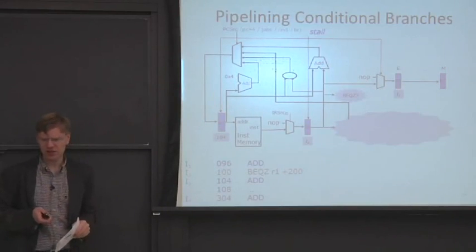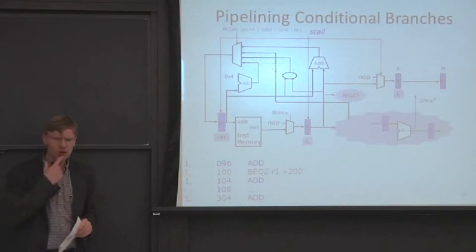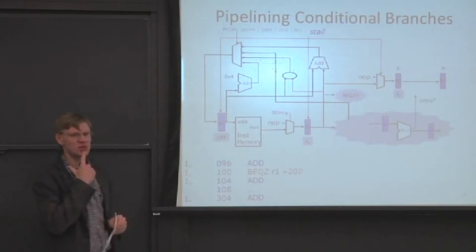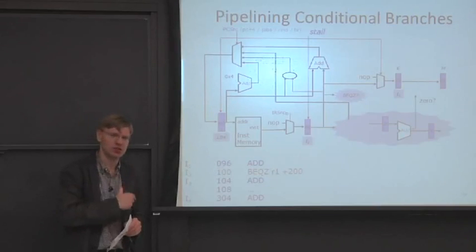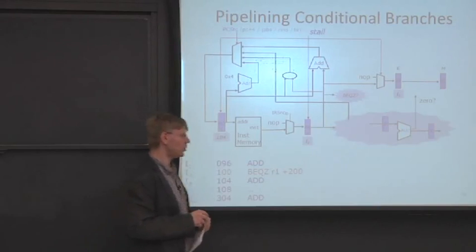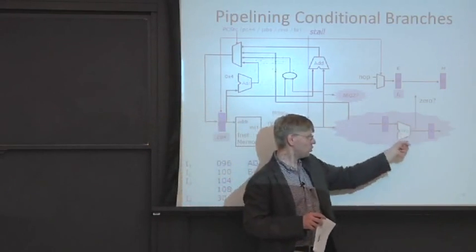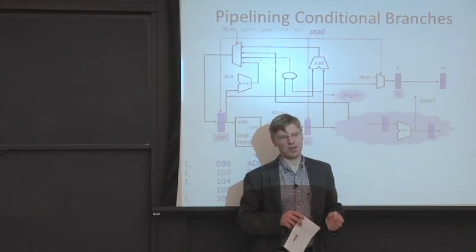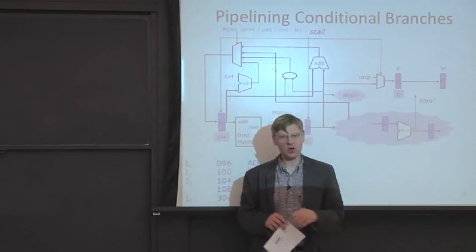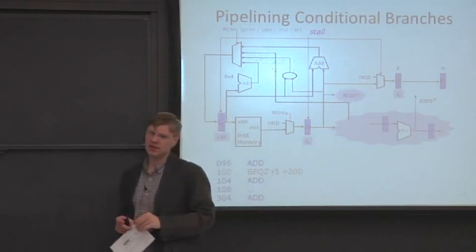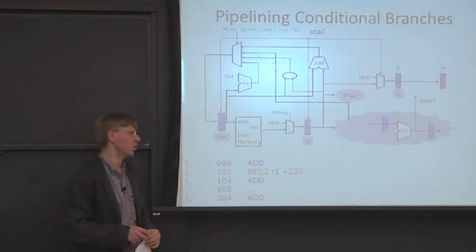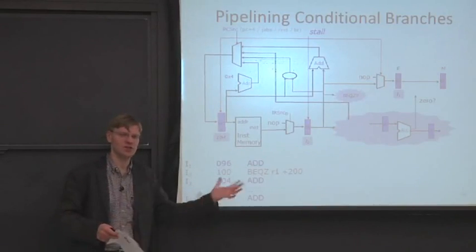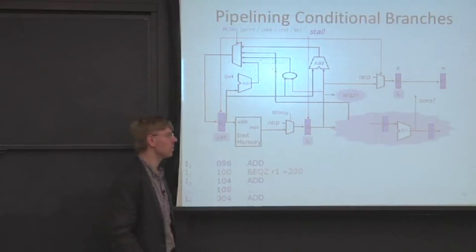The next question, though, is how do we compute whether this branch is being taken or not? Can we do this in the decode stage? Unfortunately, we need to do a comparison here. And the hardware we want to use to do the comparison is in the ALU. It's a subtract operation or a comparison operation. So this fits well within our arithmetic logic unit.